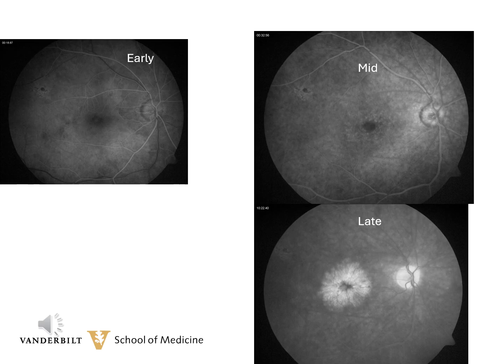Look closely at the pattern of the hyperfluorescence, and this is what we call a petaloid formation, or a petaloid pattern. This is a typical presentation of an Irvine-Gass syndrome or CME after cataract surgery. You have the petaloid formation, and the nerve also is a bit hyperfluorescent.